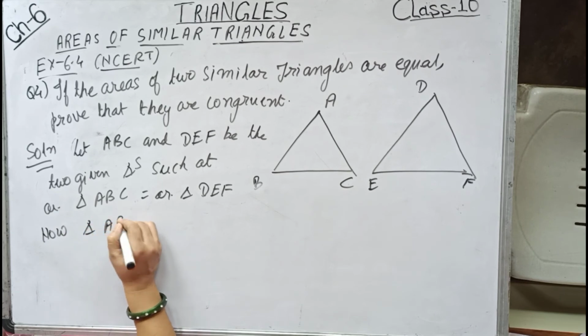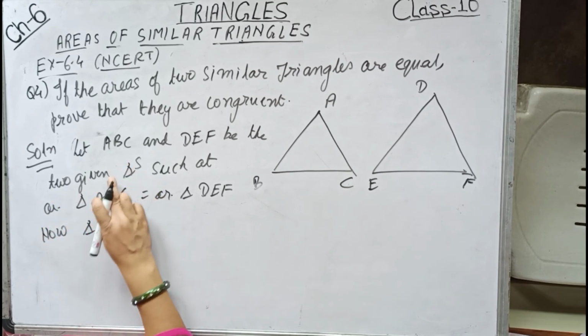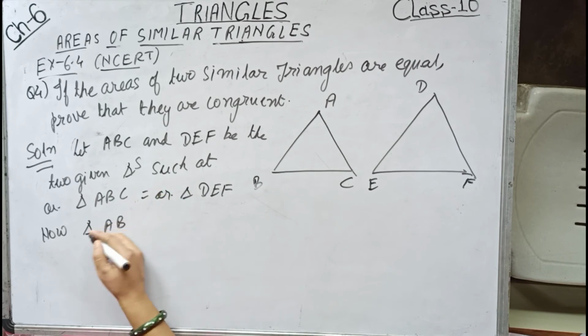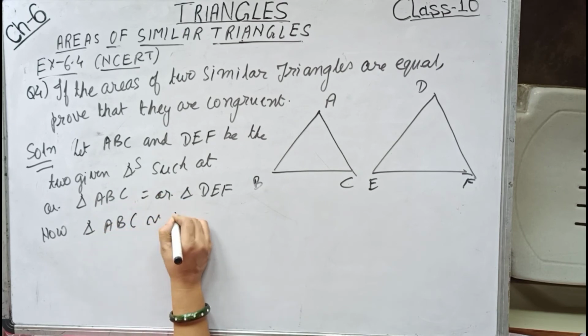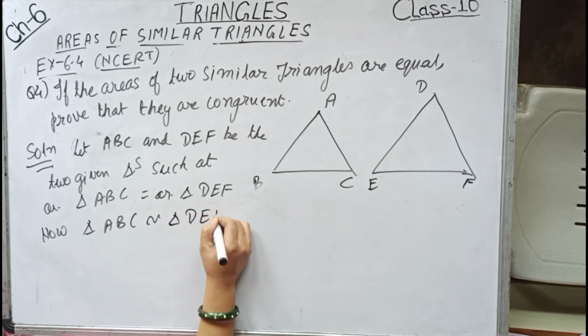Now triangle ABC is similar to triangle DEF.